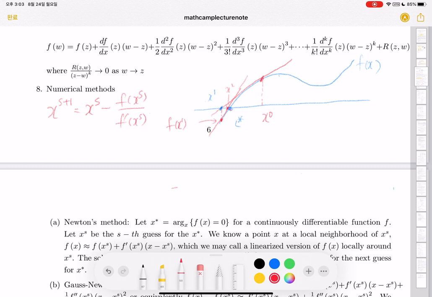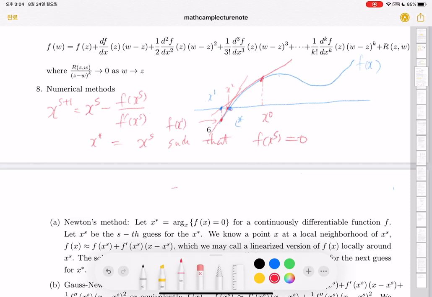And when do you stop? You stop when f of x s is very close to 0. So this is your algorithm, and the stopping rule is that x star is x of s such that f of x s is actually 0, but in numerical computation it's pretty hard to find exactly 0.